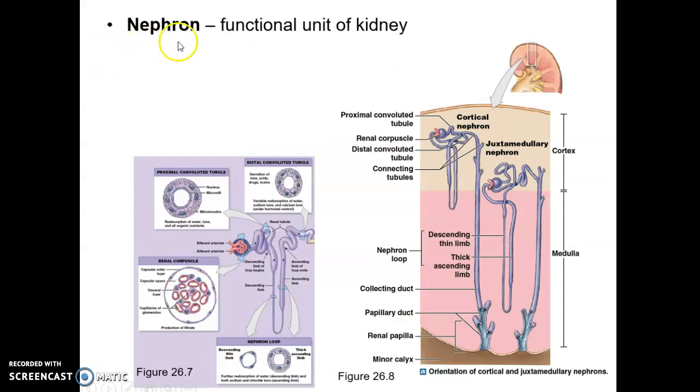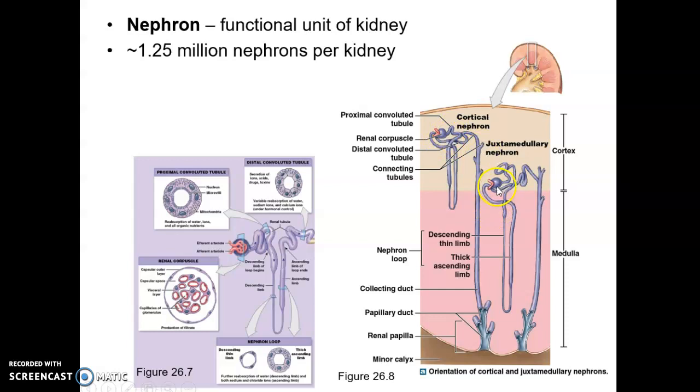So let's look at the nephron, which is the functional unit of the kidney that produces urine. Each kidney has about 1.25 million nephrons, so they're packed in there, they're small. And that's what you see here in purple.